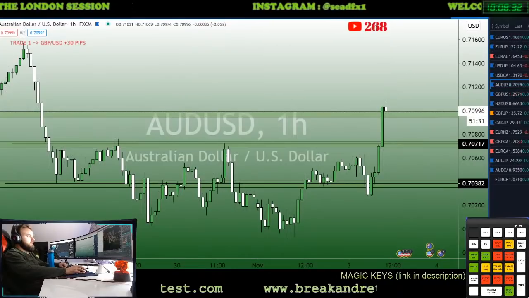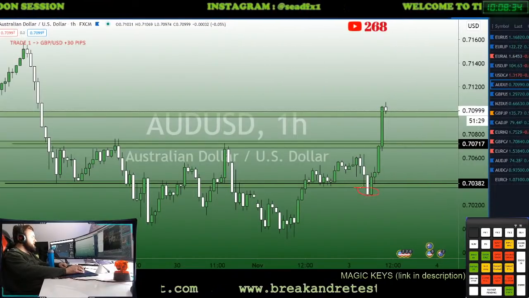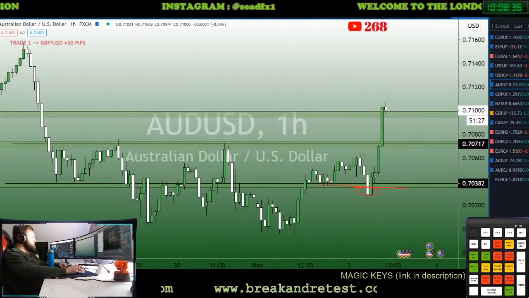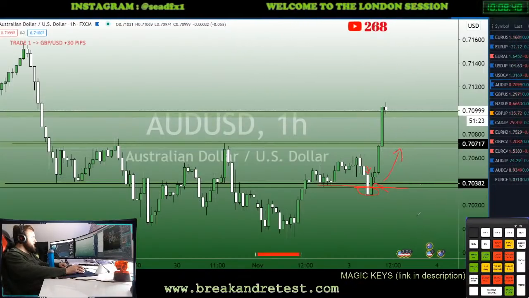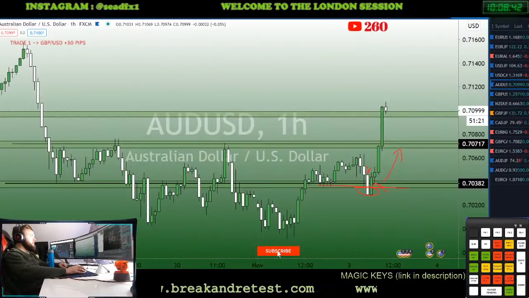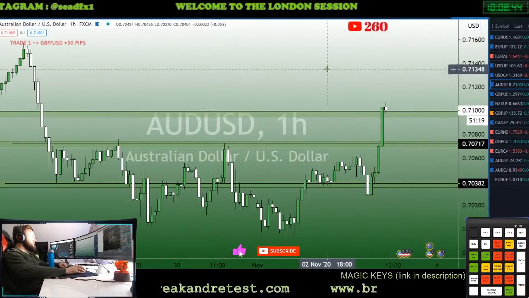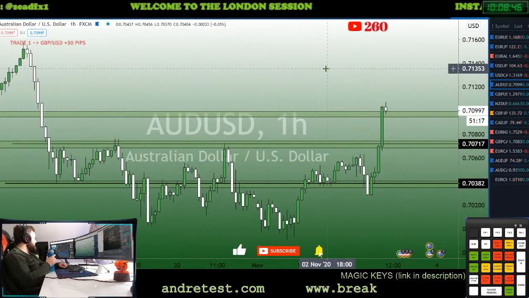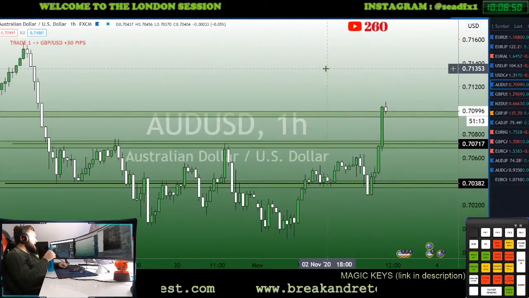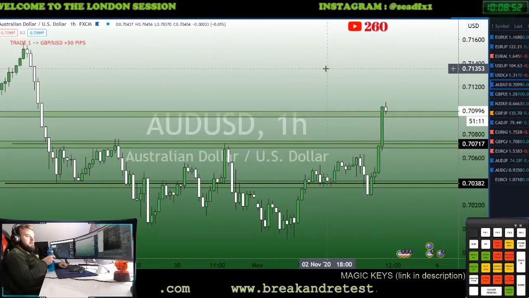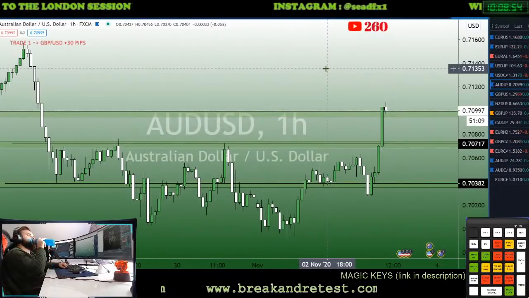So Aussie dollar did also a nice fake out here, closed below, closed back in the range, did a retest all the way to the upside. So many setups, but hopefully the elections are done and we can have a nice time trading technicals only.